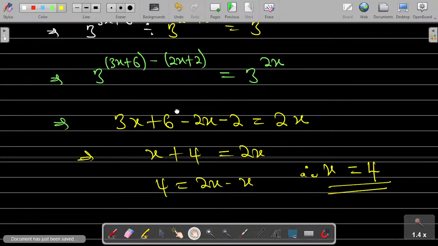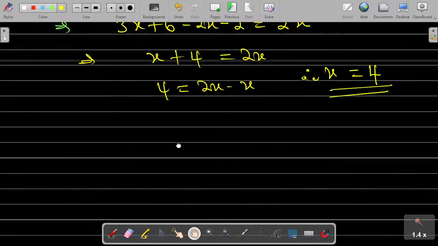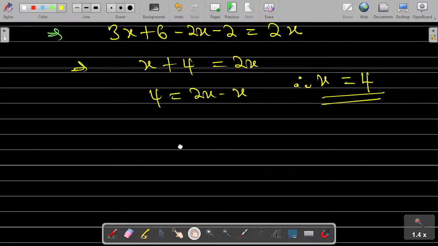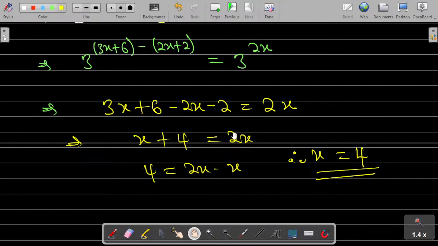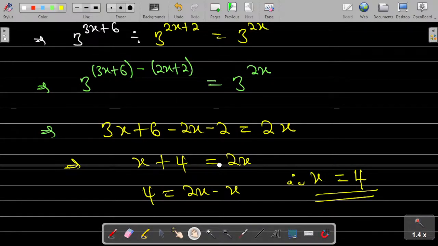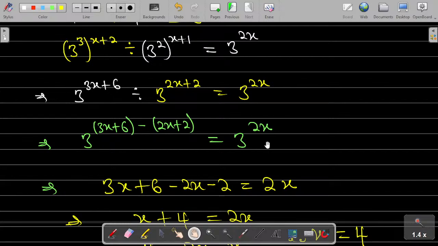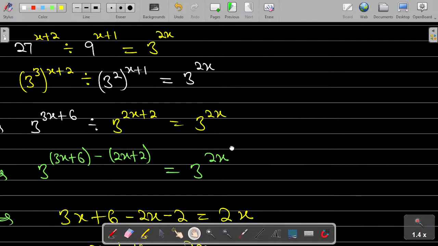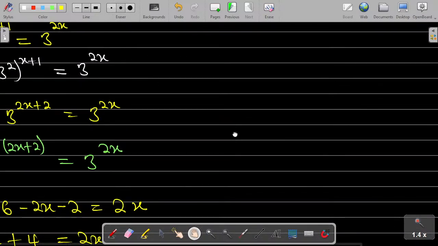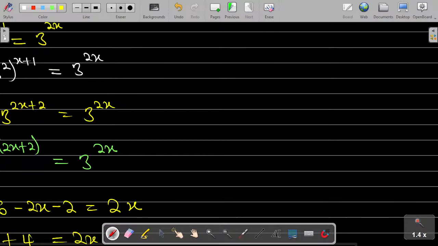Okay, so that is the solution to the fifth problem. So let's attempt to do number 6. Let's do it on the same line here. So that's question 6. And what's that?